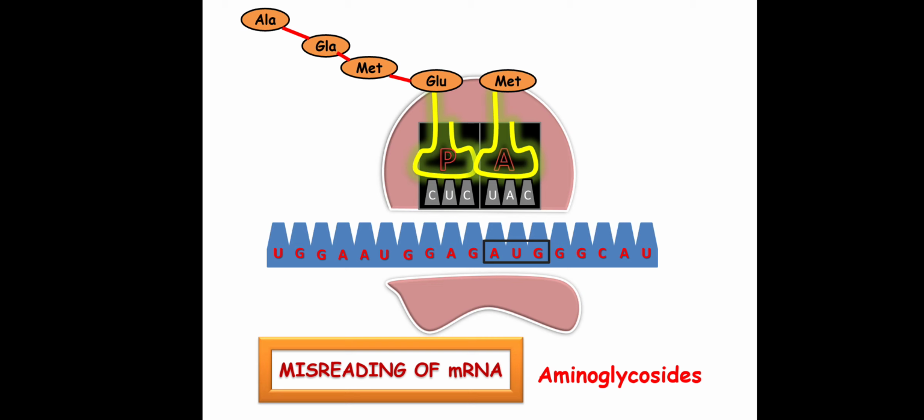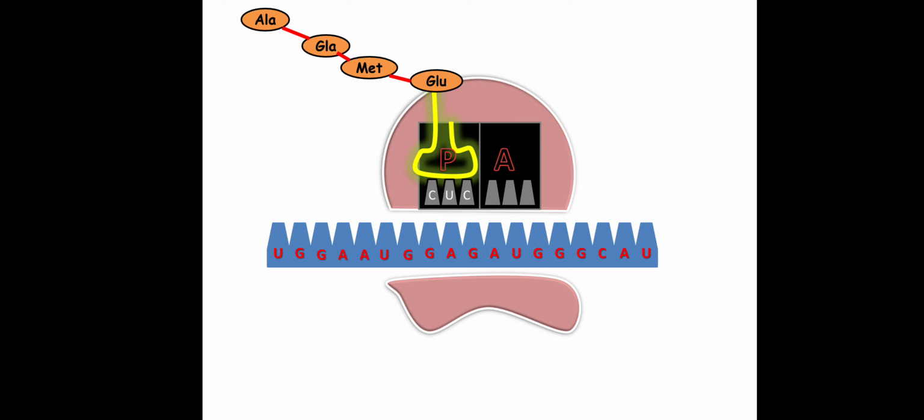So basically, suppose we have AUG as the code on the mRNA at the A site, so the tRNA that attaches will contain the complementary anticodon UAC, right? No other tRNA can attach. So this will carry one particular amino acid only. When we give aminoglycosides, this code is read wrongly, meaning instead of A in AUG, it can be read as C. So when it is read as C, a wrong tRNA comes.